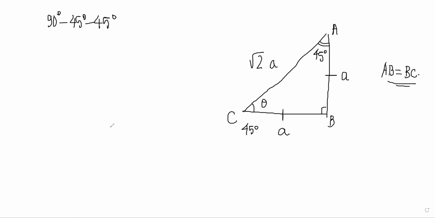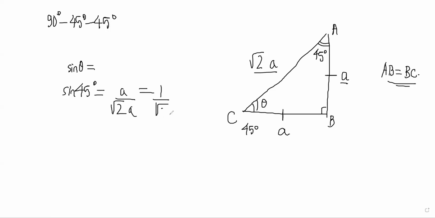So sine 45 degrees is A by root 2A, which is 1 over root 2. And cos 45 degrees is also 1 over root 2, because it is A by root 2A again. And tan 45 is 1 because it is A by A.